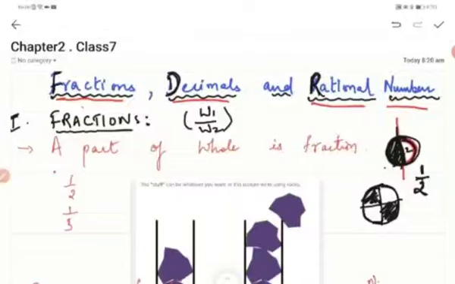Yes, so the whole we have divided into how many parts? 4 parts. So the shaded region is how many? 2, isn't it?